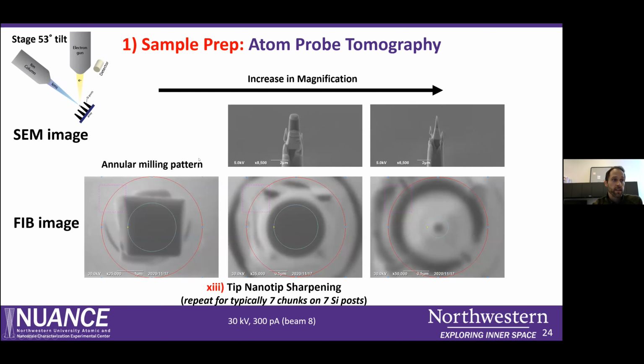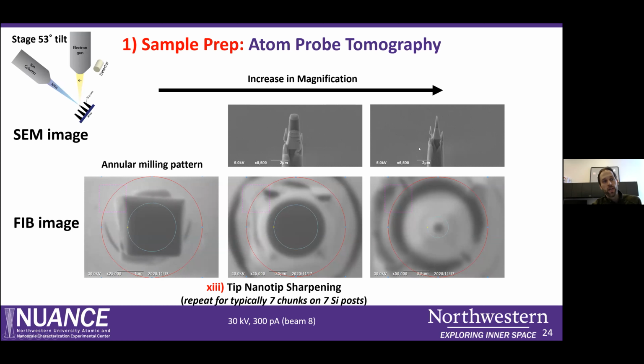And then we're going to use a circular milling technique to subsequently increase the magnification in coincidence with the ion beam, so at 53 degrees tilt. And so we'll have an annular pattern like so, where the inner circle is preserved, but the outer circle is subsequently milled.